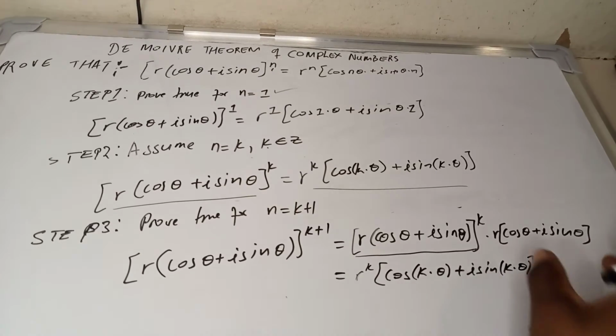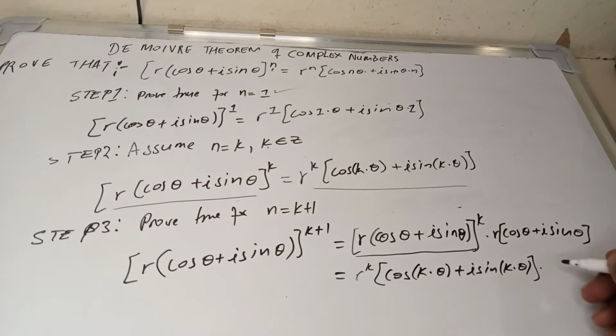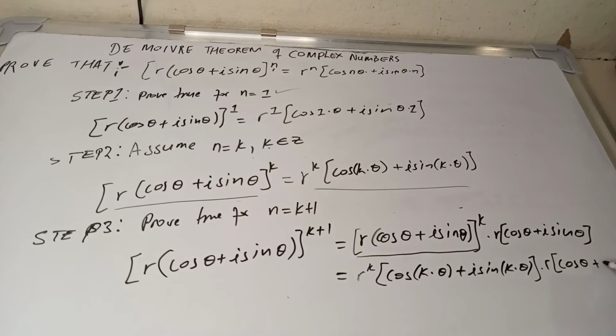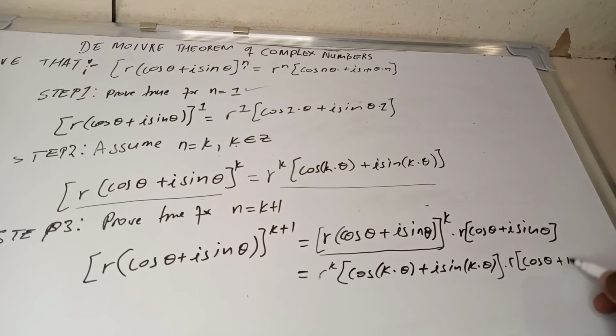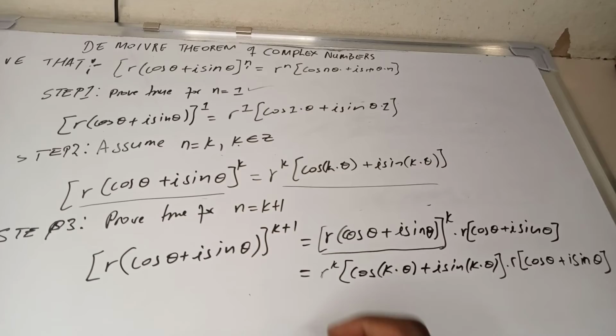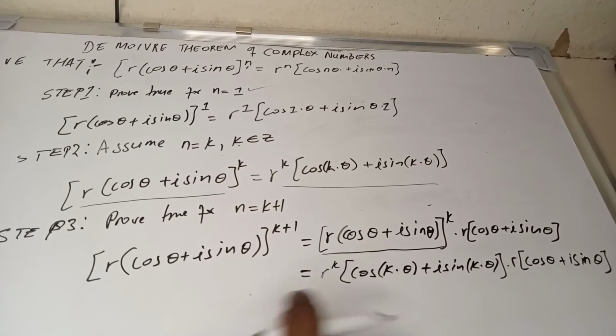Now I close my bracket, then I'll have this guy here. Then I will have r cos theta plus i sin theta. Then I will close that too.